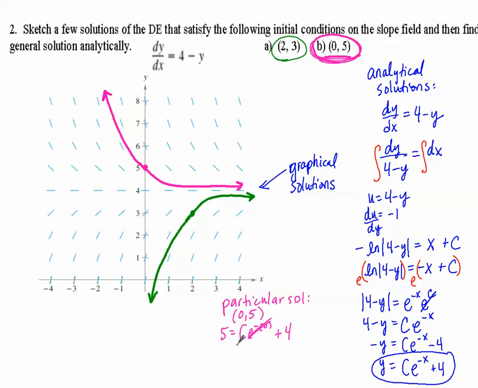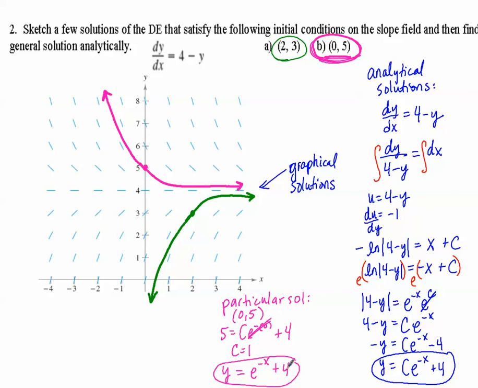C equals 1, it looks like. So plugging the c back in, my particular solution becomes y equals e to the negative x plus 4. Well, e to the negative x is exponential decay, hence the pink graph coming down.